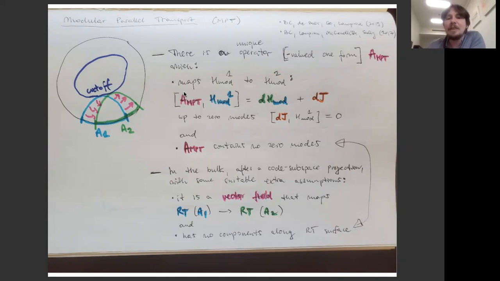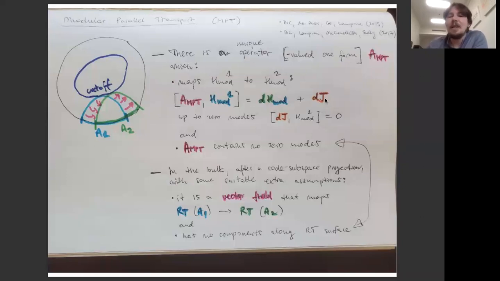And the way it maps is that I take this operator-valued one-form, and its commutator with H mod gives me the change in H mod, which is also an operator-valued differential form. And so that's this equation. There's an extra piece here, which allows for possibly H mod changing by its own zero mode.